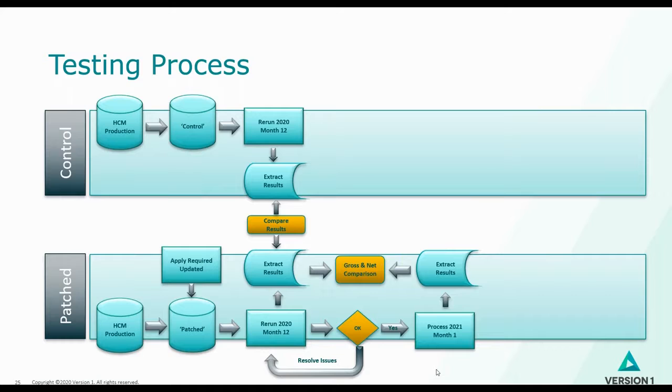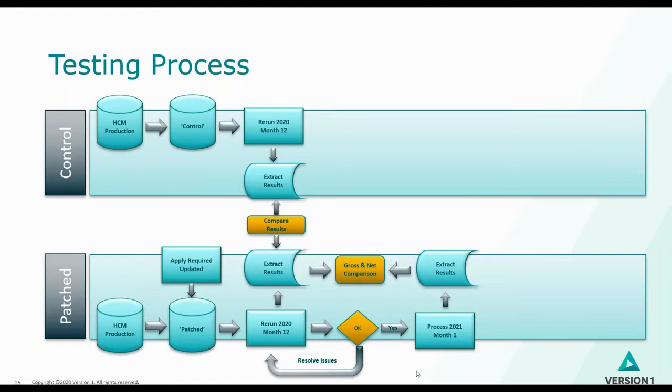So it's that kind of thing that you'd be looking for there, just to make sure that roughly the system works, the results are coming out as expected, based on the tolerance levels that you would have in there for any changes to tax or anything like that.